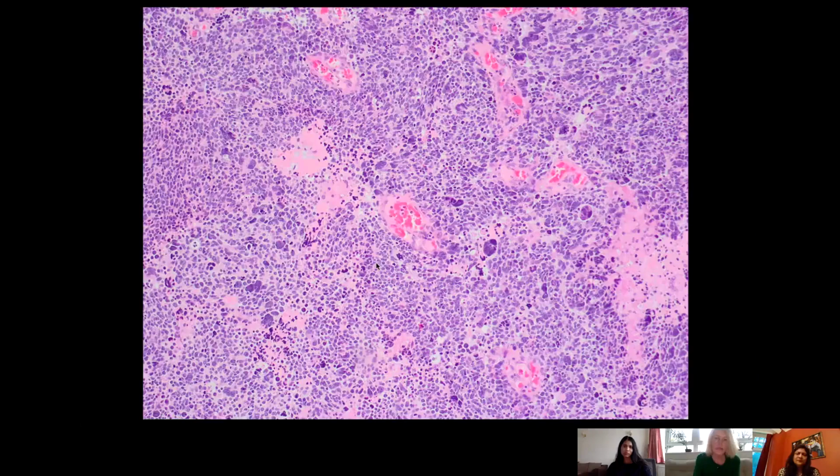And we can see here at higher magnification the scattered more polymorphic cells, and in between the high-grade poorly differentiated cells, as well as areas of necrosis, and also some microvascular proliferation.